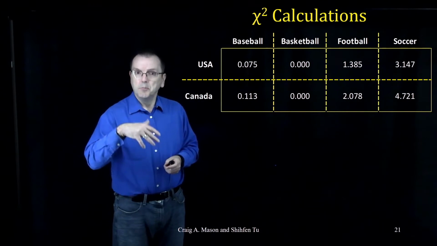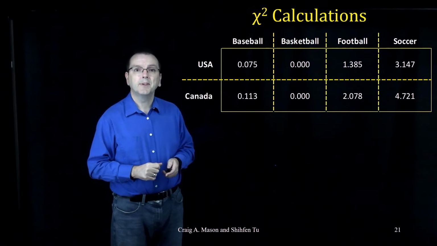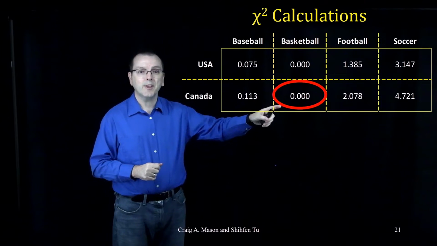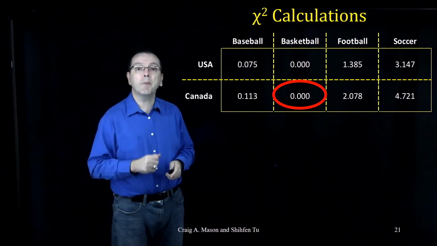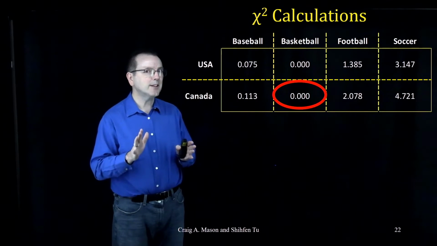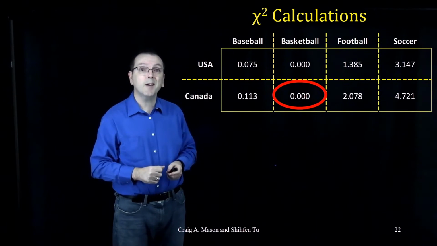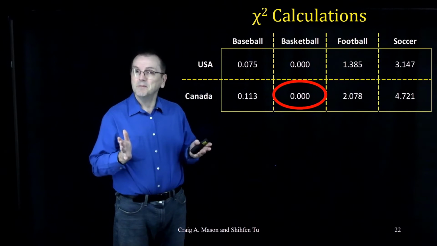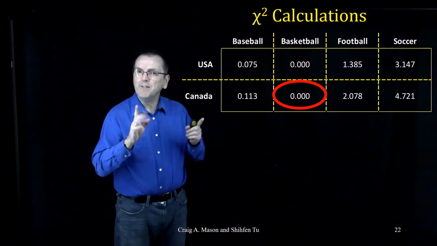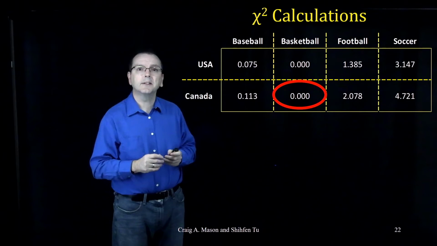Now, before moving on, there's one of the values I want to point out. Note the 0 for the Canadians who prefer basketball. Were you a little surprised that you got 0 just like we did for basketball with the US sample? But if you think about it more, it kind of makes sense.